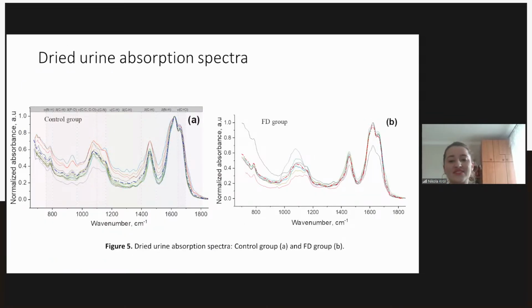We present the results of studies of human urine samples investigated with FEWS in the fingerprint spectral region.